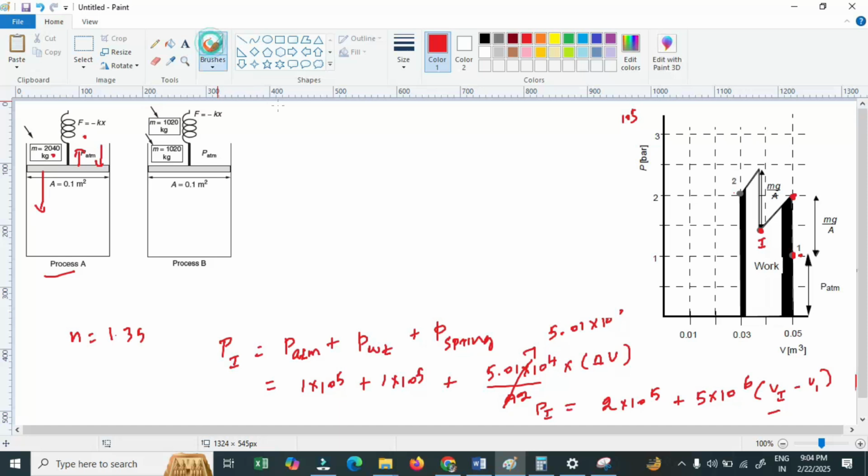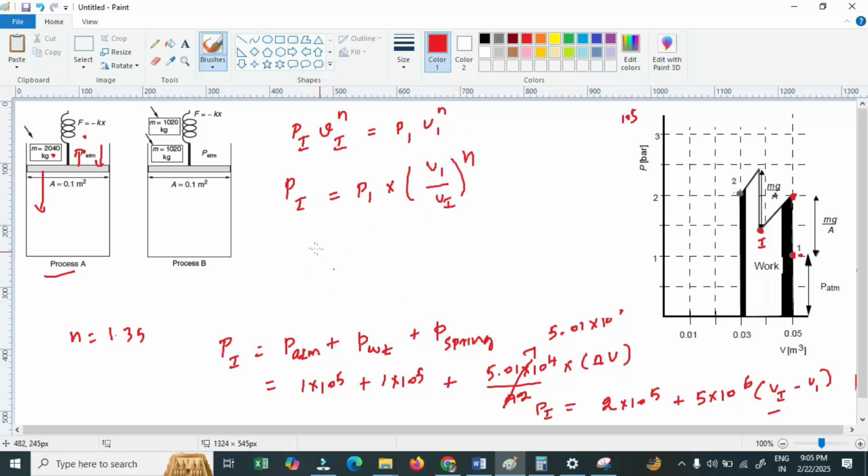From the relationship I had, Pi Vi^n equals P1 V1^n, and if you want to find Pi, it equals P1 multiplied by V1 divided by Vi, power n.